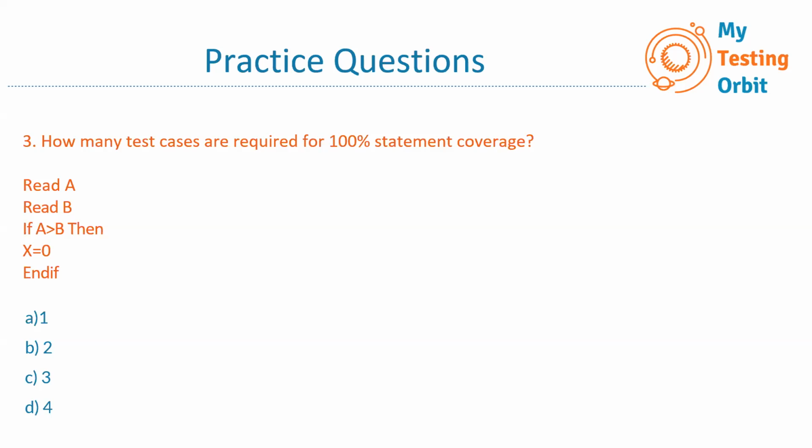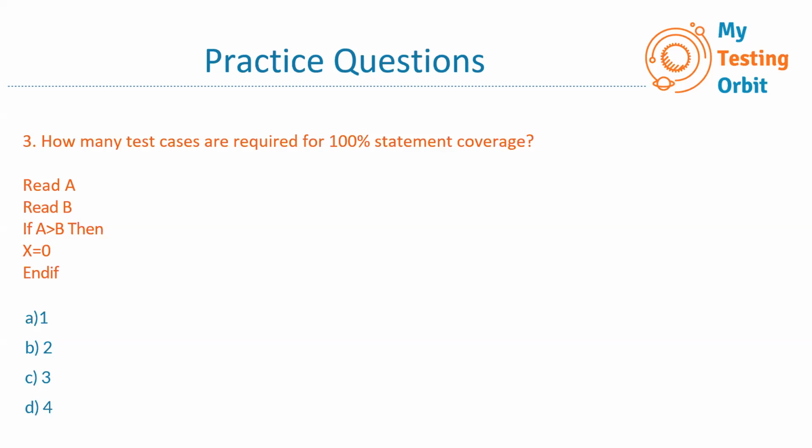Another thing which I have seen in most places on the internet is that sometimes decision and branch, these two terms, are used interchangeably, like branch coverage, where you are covering all the branches, or decision coverage. In many places I have read it written as decision or branch.